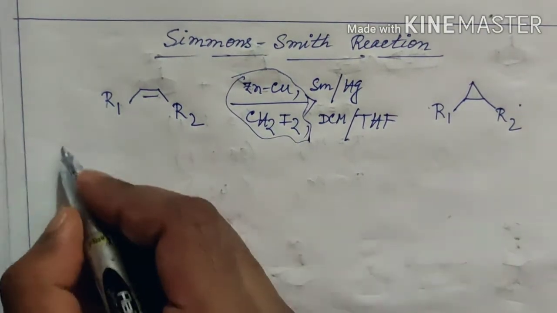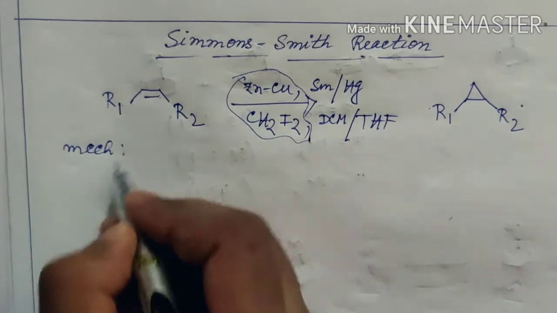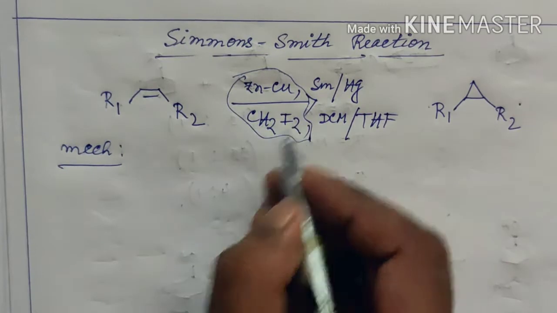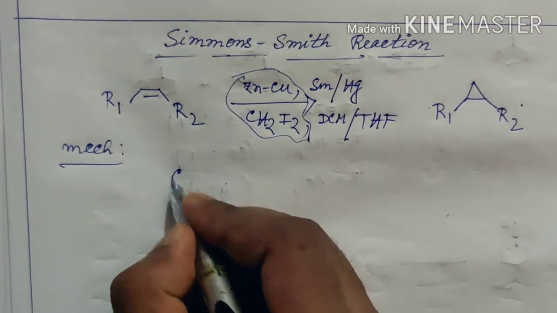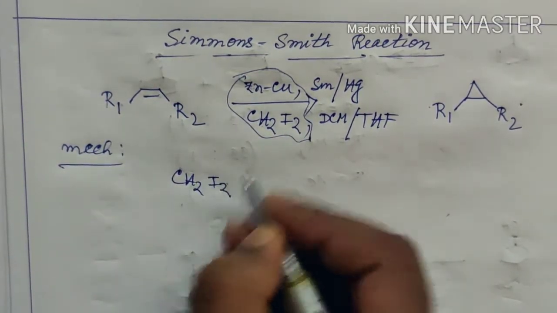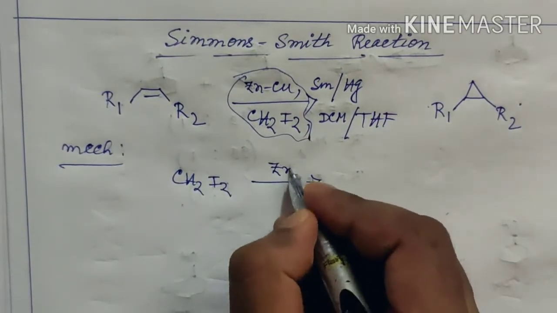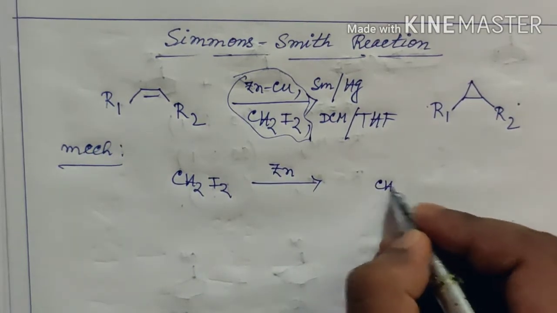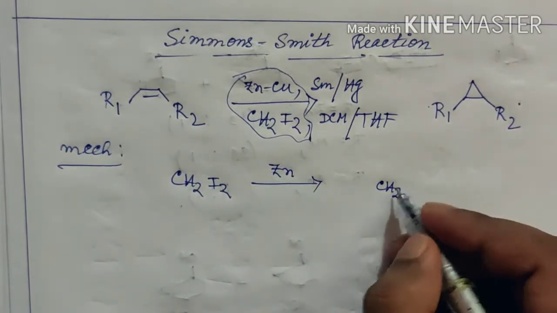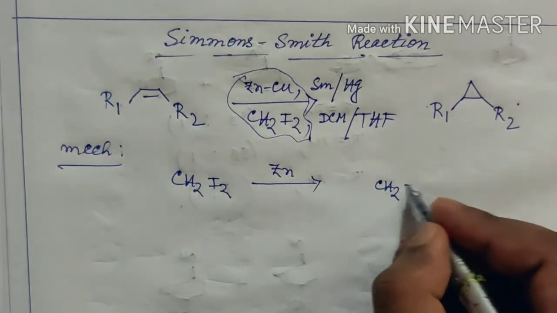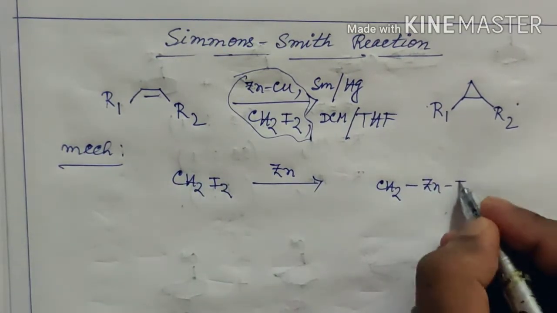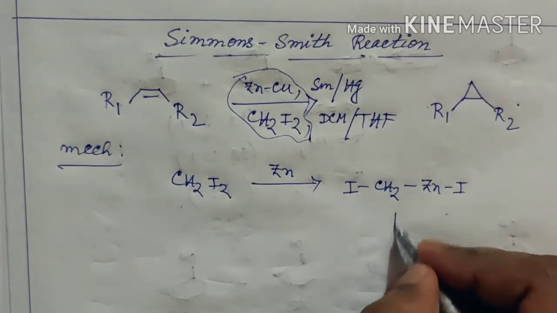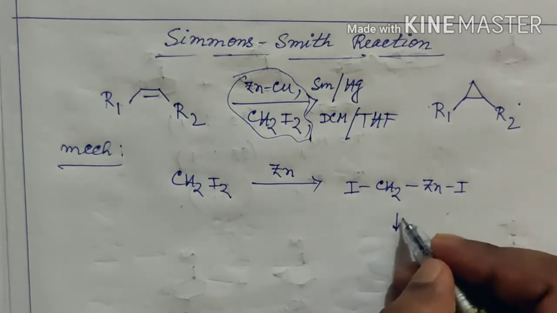And if we see the mechanism of this reaction, then we can see that this methylene diiodide species in the presence of zinc metal will form a zinc carbenoid species. That is, there is an oxidative addition of zinc into the carbon-iodine bond. This is the zinc carbenoid species and it is in equilibrium.